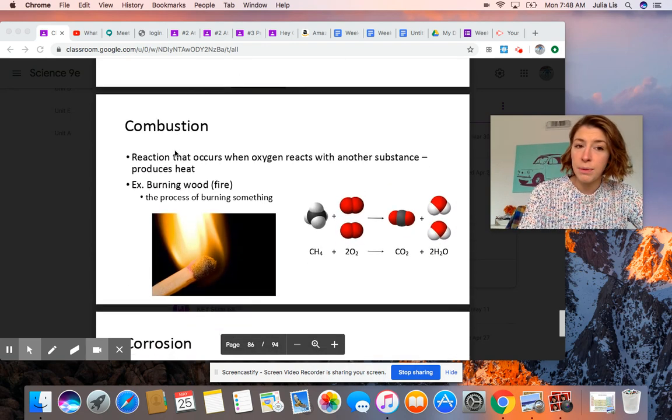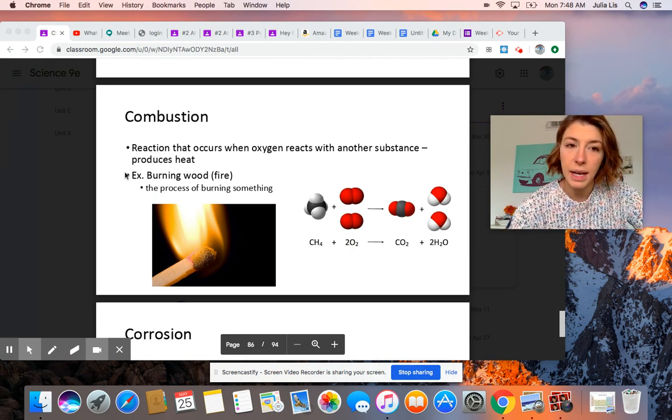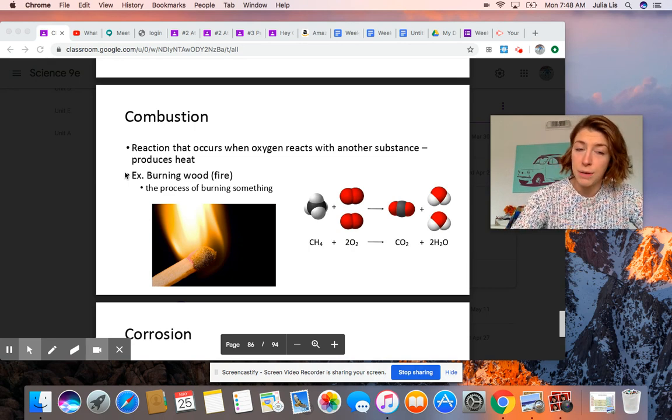Another really common reaction that you'll talk lots about also in grade 10 is combustion. We talked about this kind of throughout our WHMIS symbols as well, because a campfire is a common example of combustion. Combustion occurs when we have oxygen and it reacts with another substance that's typically a hydrocarbon.